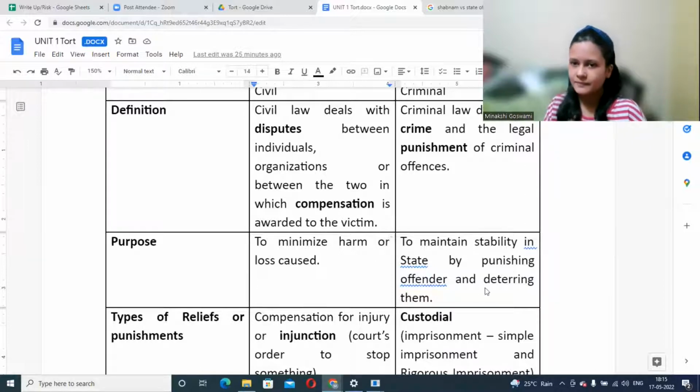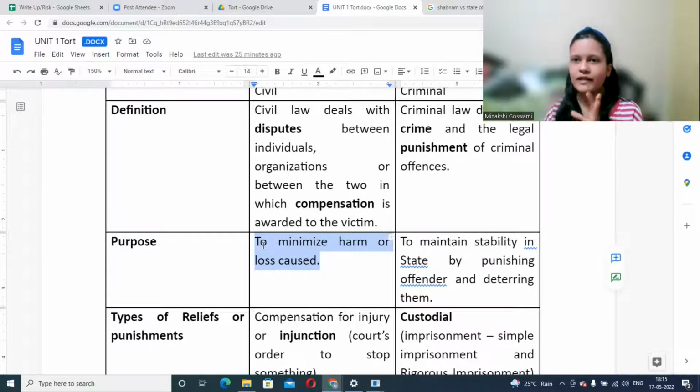Theories of punishment: why do you punish, or why do we have different punishments? There are some understandings on that. One of such theories is deterrence. We want to deter. We don't want it to continue. When we talk about civil, the main aim is that you have suffered loss. If there is a contract between you and me and I am not performing my contract, that means you have suffered loss.